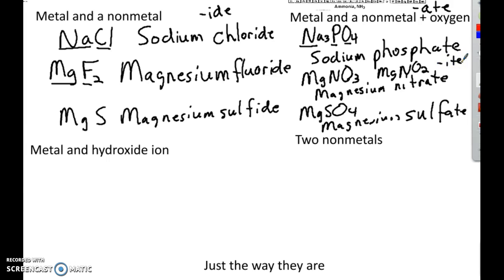Now someone says, well, how do you know if there's one less oxygen? Well, you'd have to know what the ATE was first, how many oxygens it had in it, and I wouldn't really worry about that too much. I'm just saying, in case you see the word ite, like nitrite, phosphite, sulfite, that just means that it has one less oxygen than the nitrate or something. So it still gives you an idea of what it is. It's sulfur and oxygen, just one less oxygen. You don't see the ITEs very often. ATEs are much more common.